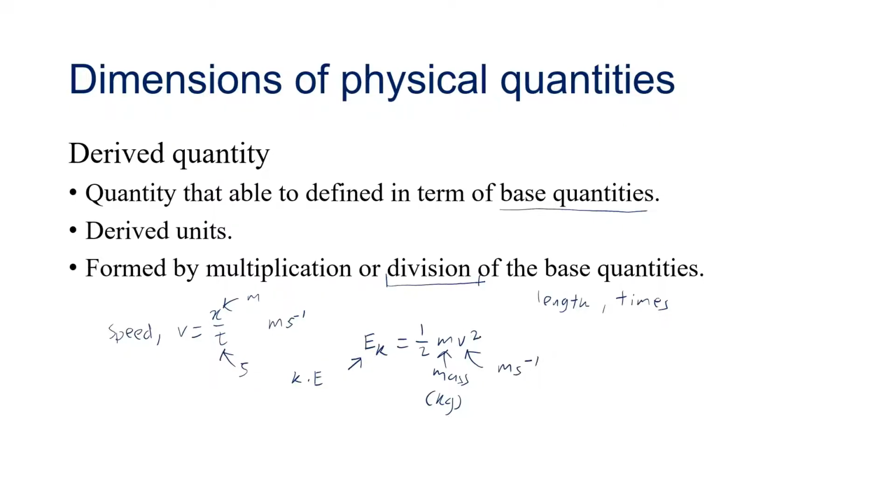Now since there is a square here, you can see the unit will become kg meter squared per second squared. Now by convention, we would call this a joule. This is the SI unit for energy.